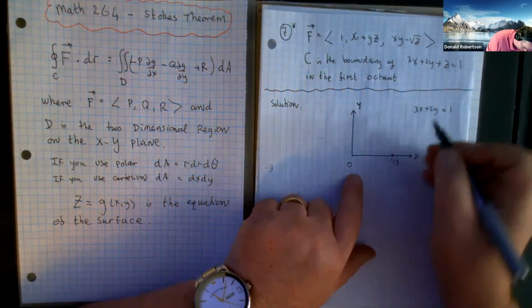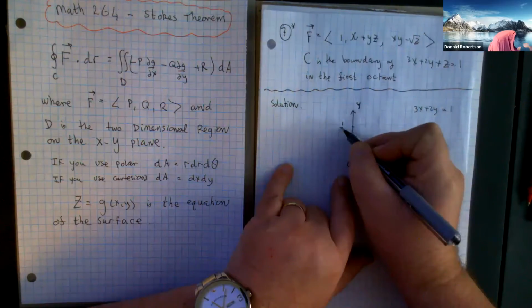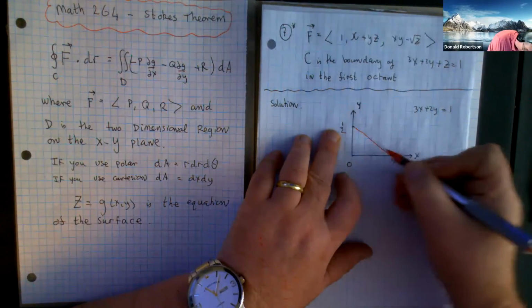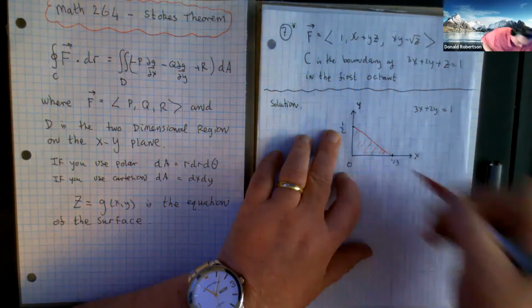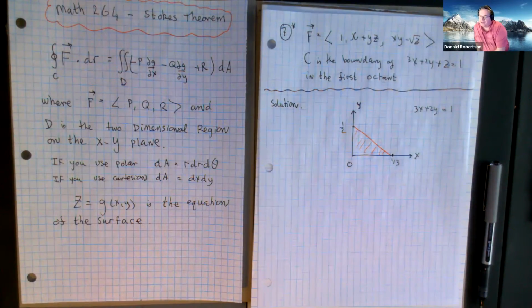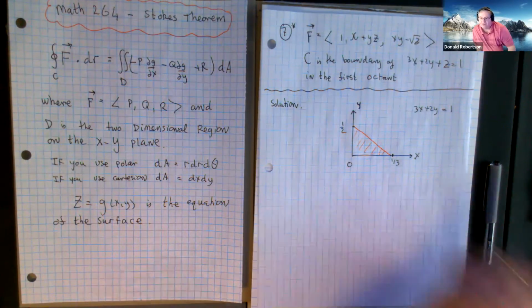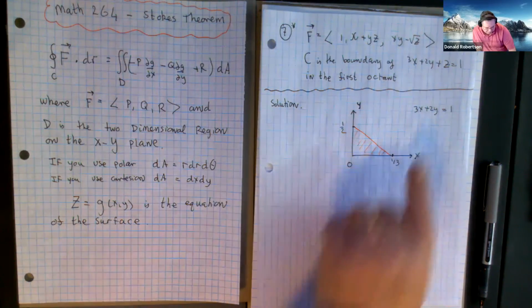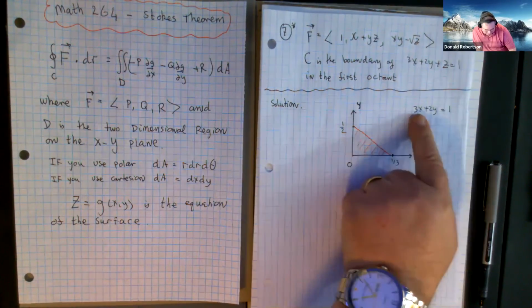And if you make x 0, you get y equals a half. Maybe not the prettiest numbers in the world, but this is D. We need to know who D is. So basically that's a plane in the first octant hitting the floor, and it hits the floor when Z equals 0. So that's where that came from.